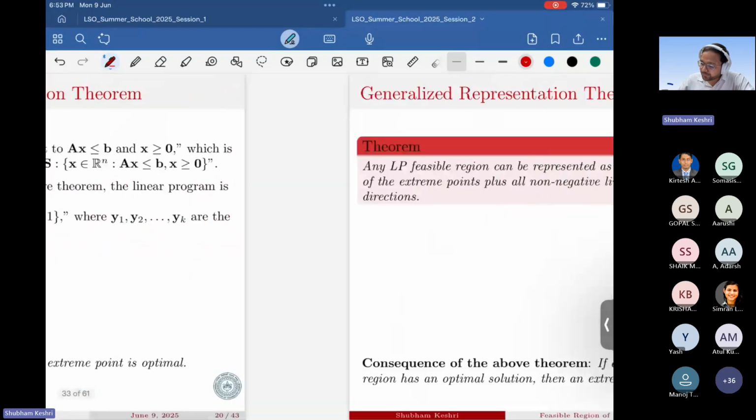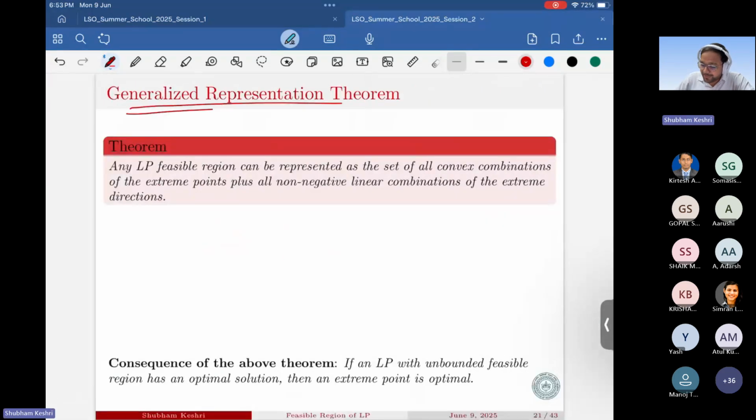Now, this is a generalized representation theorem. I will not go into the detail of it. It is just saying the same thing for an unbounded feasible region. I will skip this for the sake of time. But the conclusion remains the same: if an LP with an unbounded region has an optimal solution, then an extreme point is optimal.